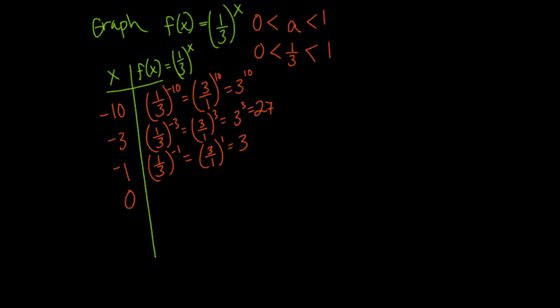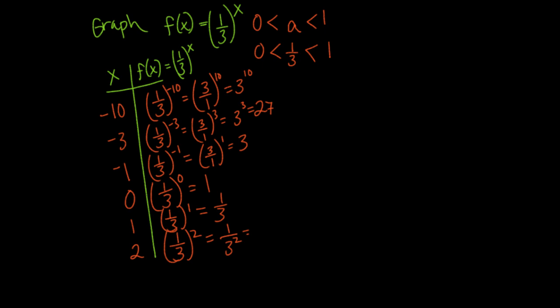0, anything to the 0 power is still just 1. So 1/3 to the 0 power is 1. 1, let's see, what is 1/3 to the first power? That's just 1/3. 2, that's 1/3 to the second power, which is 1 over 3 squared, which is 1/9. Now, as we get bigger, what's happening? We have 1/3 to the 3rd power, which is 1 over 3 to the 3rd, which is 1 over 27.